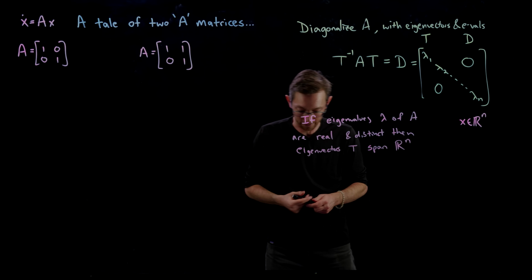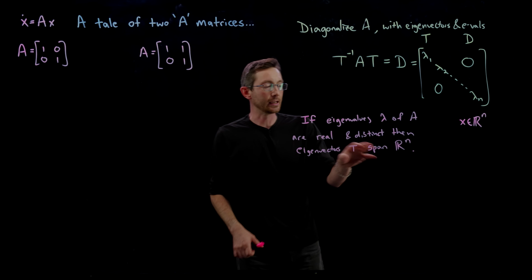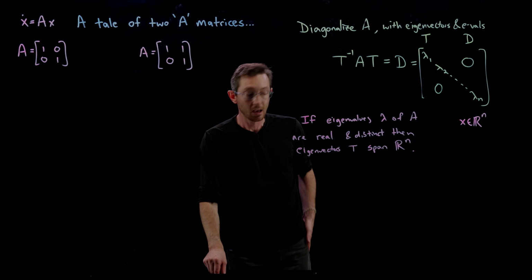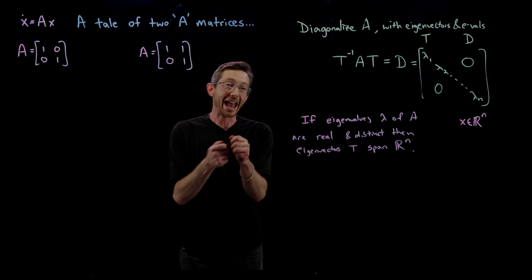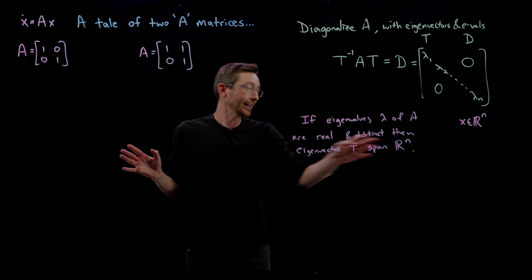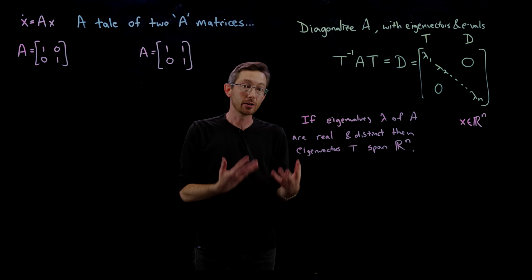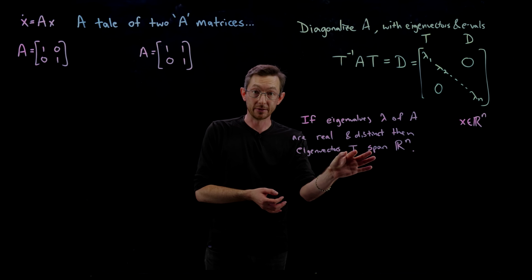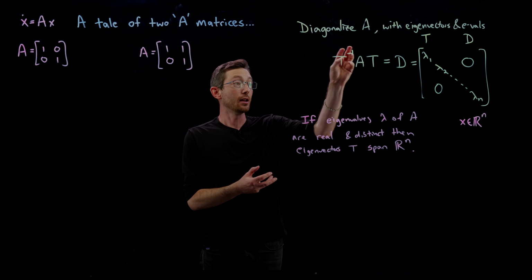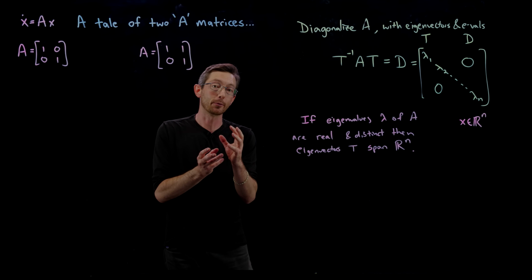They span R^n, a real n-dimensional vector space. What that means is that any x in this space that you could possibly name is going to be a linear combination of the columns of T, or of the eigenvectors of my A matrix. And that's a really useful property.